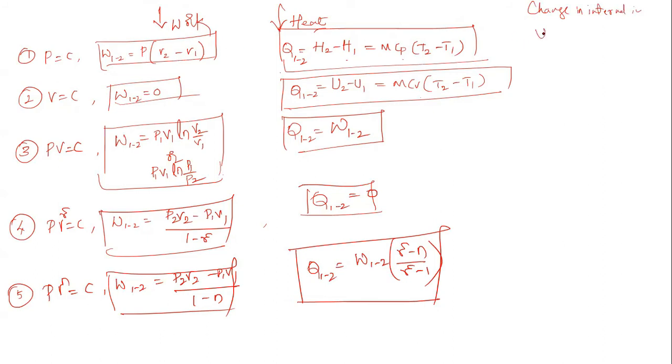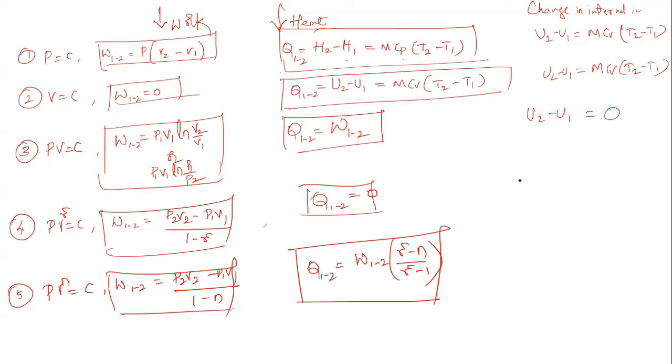For a constant pressure process, it is U2 minus U1, that is mCv (T2 minus T1). For a constant volume process, yes, U2 minus U1 remains the same, mCv (T2 minus T1). For an isothermal process, U2 minus U1 is 0. That is very important.